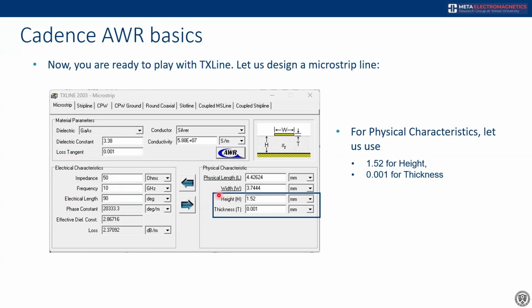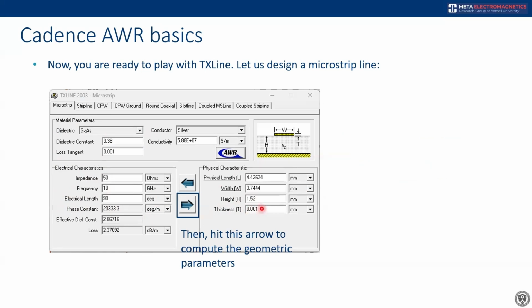And let's go to the physical characteristics menu and type 1.52 for the substrate height. And let's type 0.001 for the substrate thickness. Once you type the values, please hit this arrow button to compute the geometric parameters. Then the TX line calculator will automatically compute the physical length and width of the microstrip line for the given electrical characteristics.